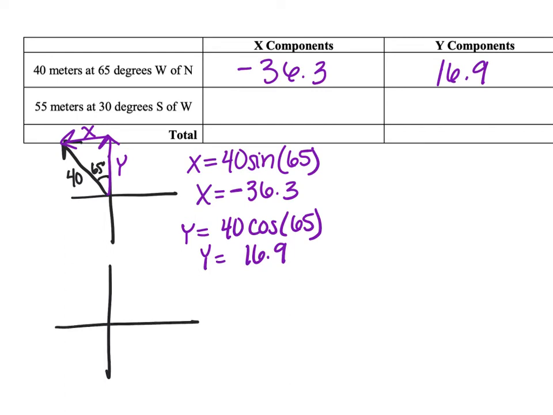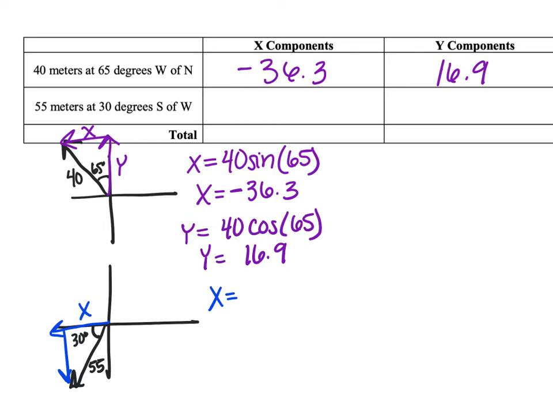Our vector is going 55 meters at 30 degrees south of west, so we're below that line now. Our angle here is going to touch west and is 30 degrees. Our hypotenuse is 55, and then we want to enclose that into a triangle. Now for the x value, it is adjacent, so we're going to use cosine.